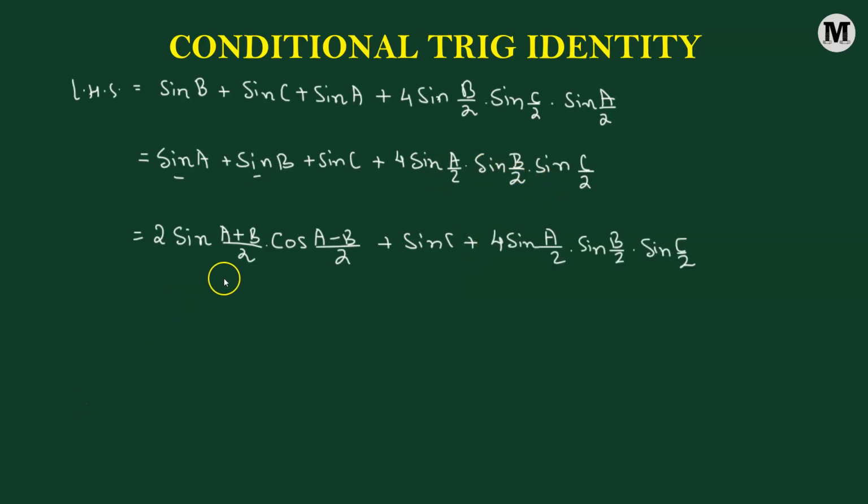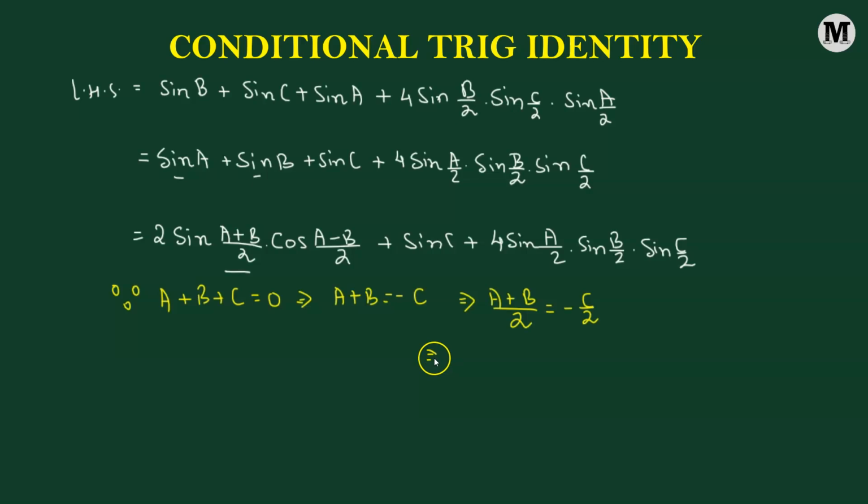And now we are going to change A plus B over 2. Since we already considered that A plus B plus C equals 0, this would imply that A plus B is equal to negative C. Furthermore, we can divide both sides by 2. That's going to give us A plus B over 2 equals negative C over 2.